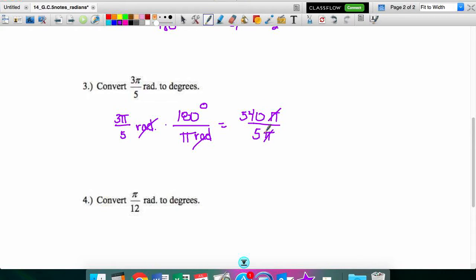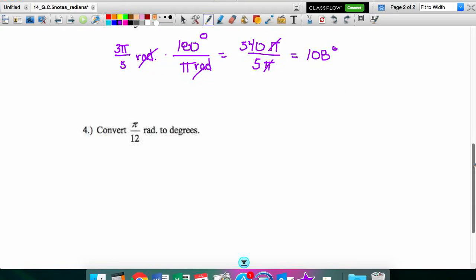And then I'm going to divide 540 by 5 to get 108. And then our final answer should be in degrees because that is the only unit left. So what we have is that 3 pi over 5 is equivalent to 108 degrees.